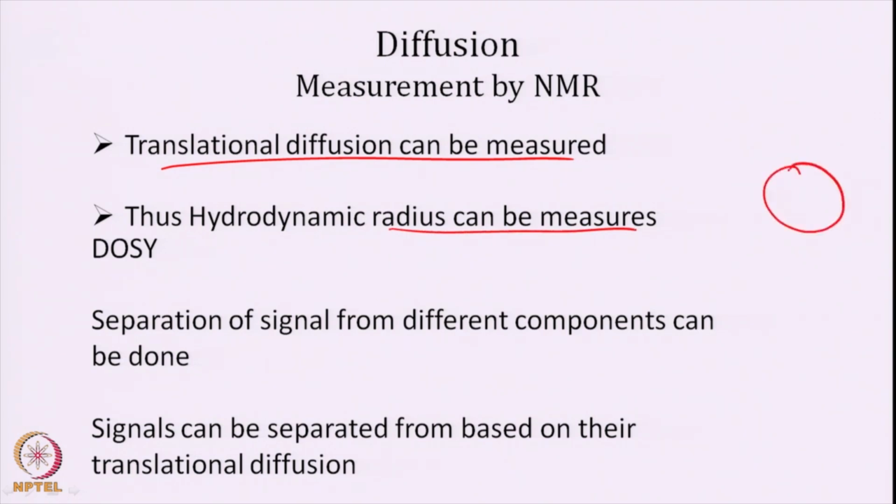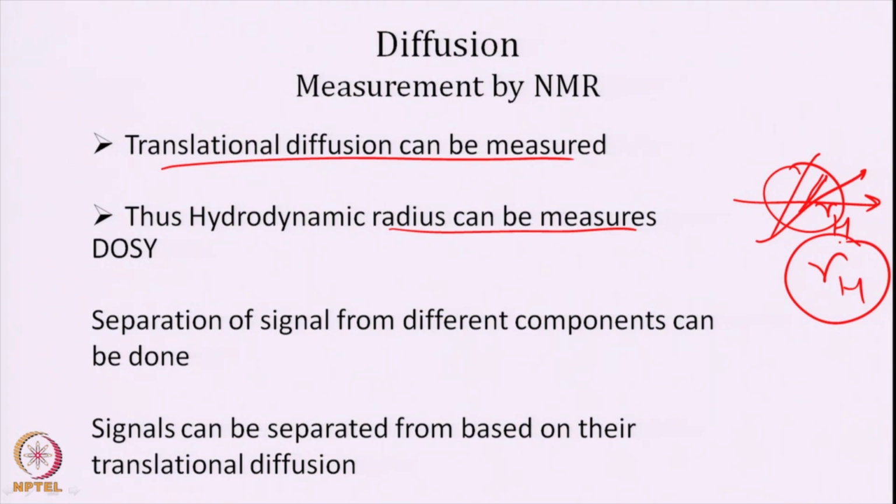So, suppose this molecule is diffusing in solution, we can measure the hydrodynamic radius RH. A smaller molecule can diffuse fast, like a small ball can move in a crowded environment fast, and a bigger ball can move slow.